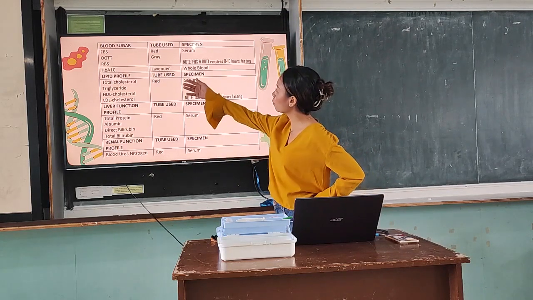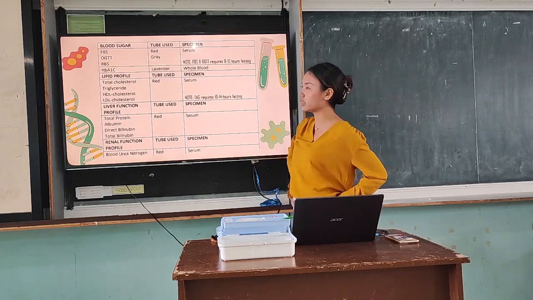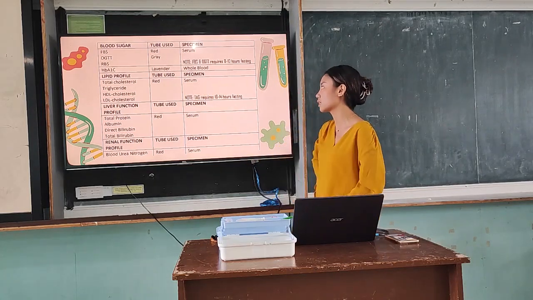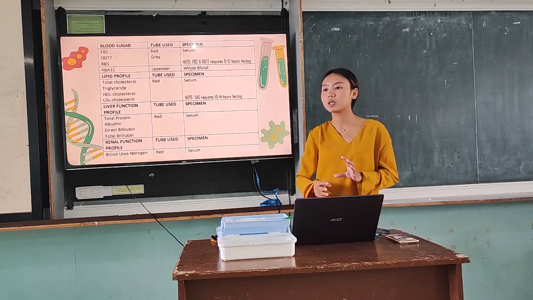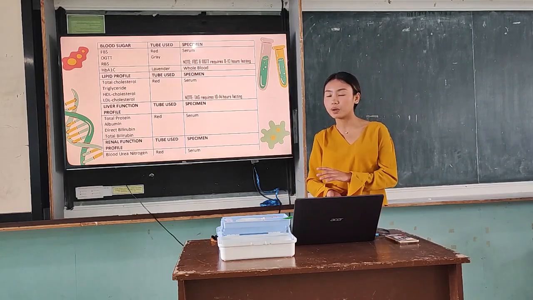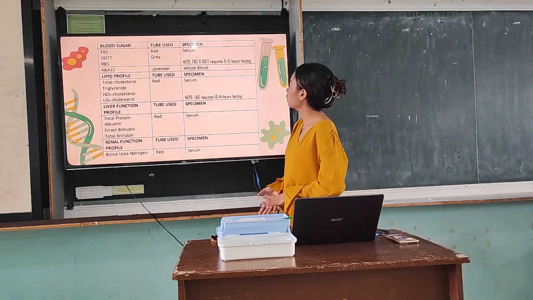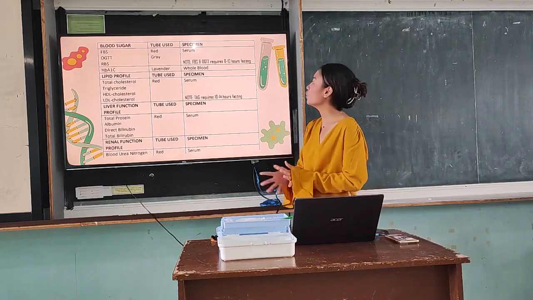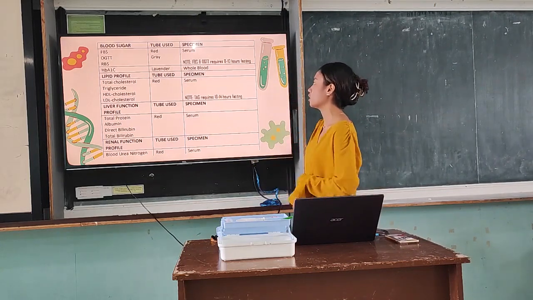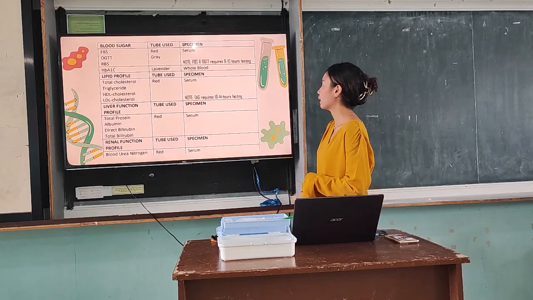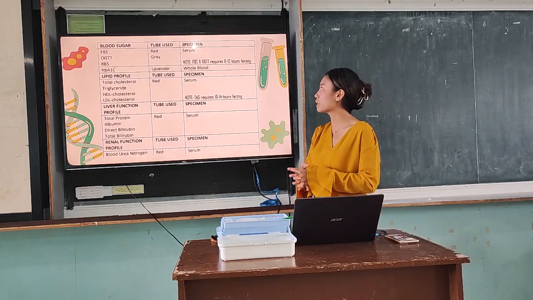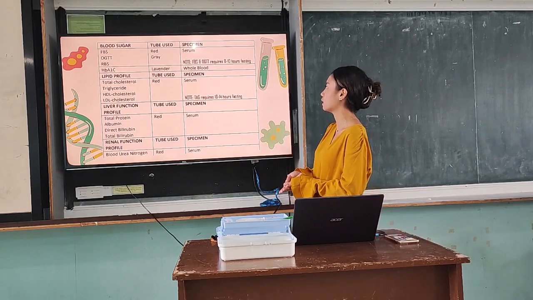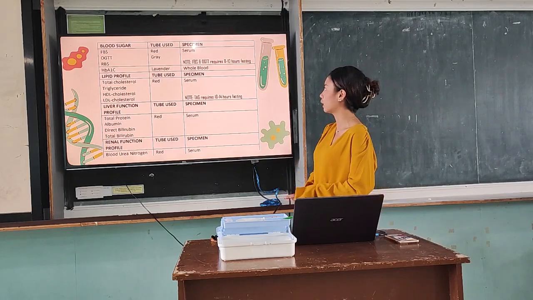Okay, yung sa blood sugar, ginagamit natin is red and gray. As being discussed kanina, di ba, yung gray, pinapreserve din yung glucose for about 3 days. Specimen used again serum. Okay, so note that the FBS and OGTT require 8 to 10 hours of fasting. Bakit? Of course, if hindi natin sinunod yung fasting, magkakaroon ng alteration sa result natin.